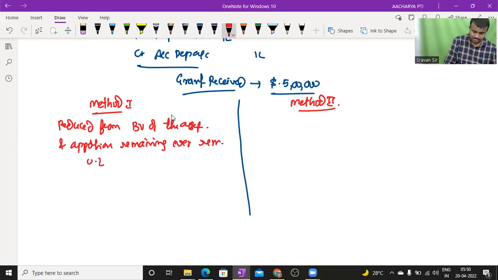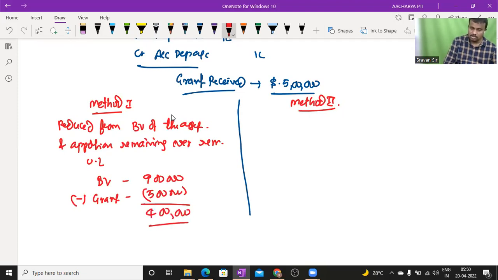So here the book value of the asset is around 9 lakh. Then we reduce the grant received, 5 lakh, and the revised book value is 4 lakh. Out of 10 years, 1 year we provided depreciation.